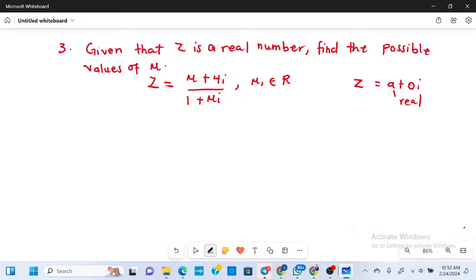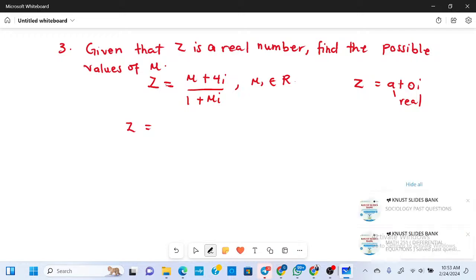So at this point, once we know that our z is a pure real number, we only have to simplify this expression, and we will equate our imaginary part here to be 0. So let's simplify this. For division of complex numbers, you only have to find the conjugate of the denominator, then you multiply it by both numerator and denominator.